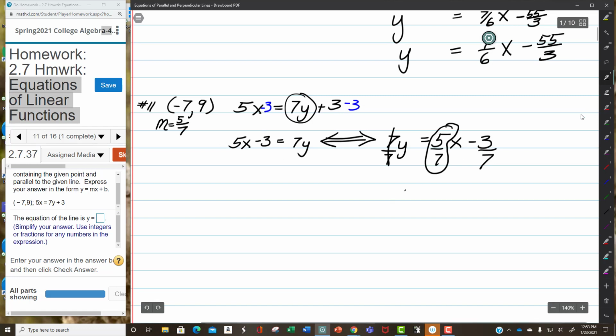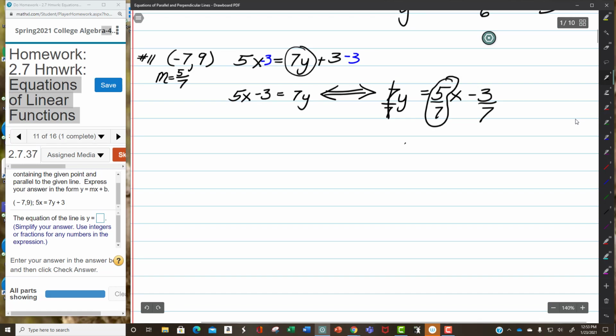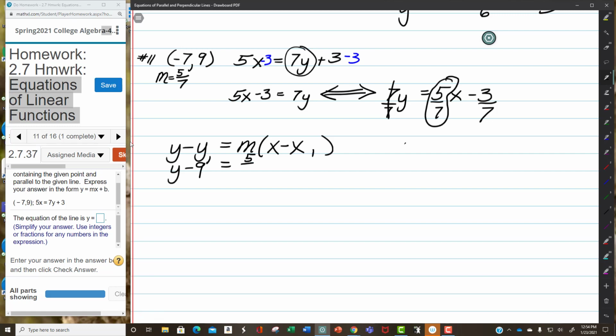Okay. Now I use the point slope formula. y minus y1 equals m times x minus x1. y minus 9 equals 5/7 times x minus -7.